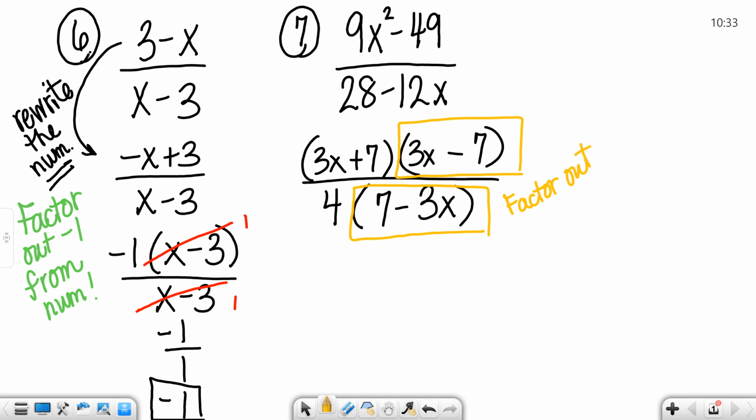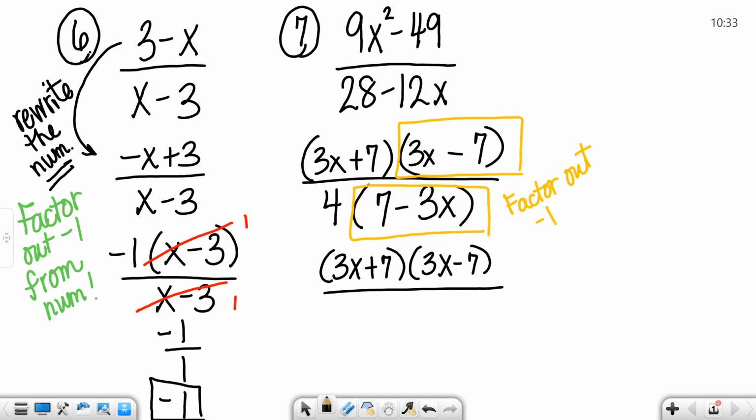Remember, I told you it doesn't matter if you do it in the numerator or the denominator. I'm going to do it in the denominator this time. So my numerator is not going to change. It is going to stay just like it is. When I factor out a negative 1 in the denominator, it gets multiplied by that 4 that's sitting out there, so it becomes negative 4.